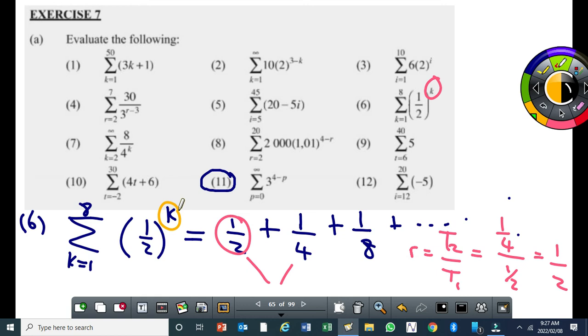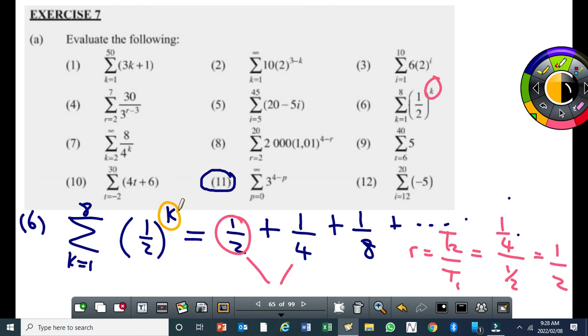Remember that, right? So, if you substitute k equal to 1, you get a half to the power of 1, which is a half. K equal to 2, half squared is a quarter. K equal to 3, half cubed is 1 over 8.